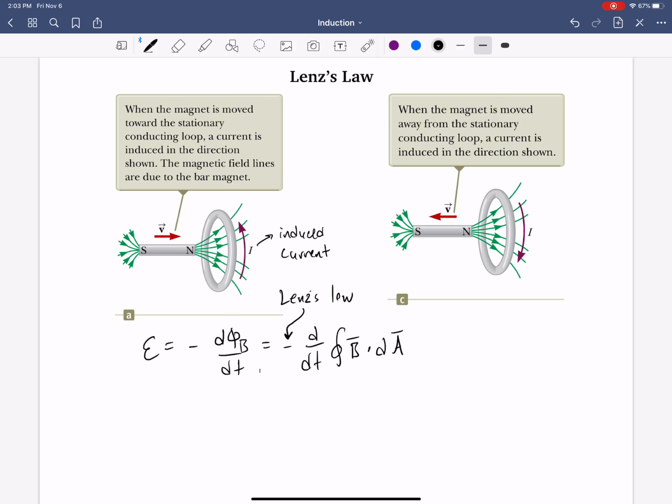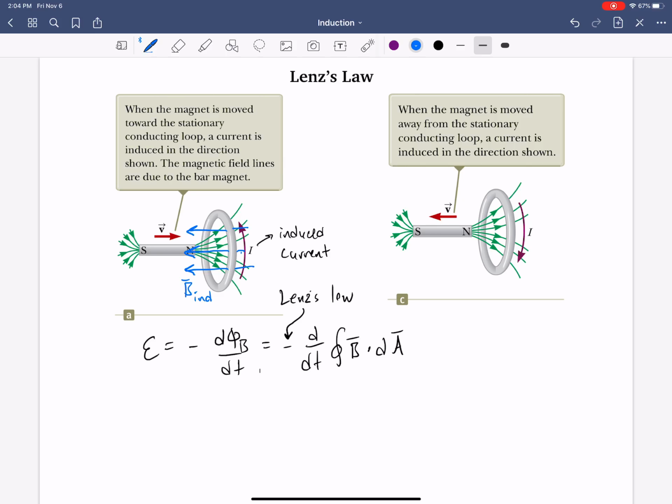So if you use the right-hand rule now with the induced current, there should be a magnetic field pointing back that direction, inside the loop. So we can call that the induced magnetic field from the induced current.